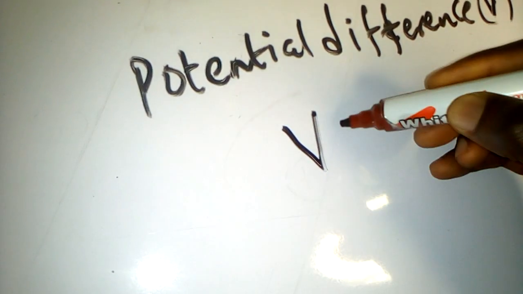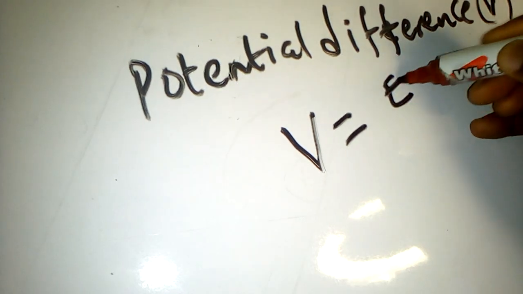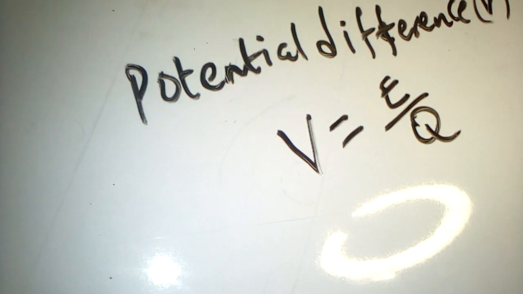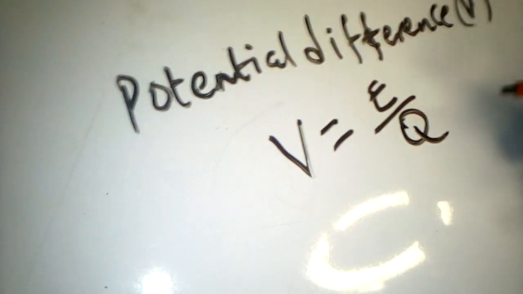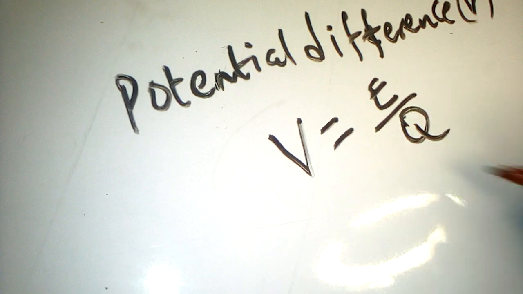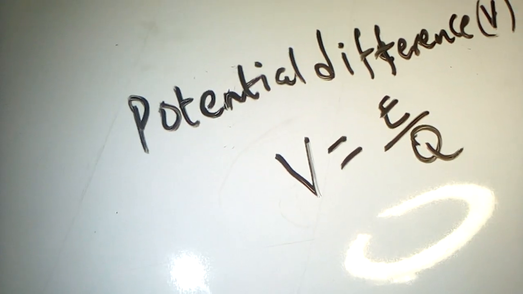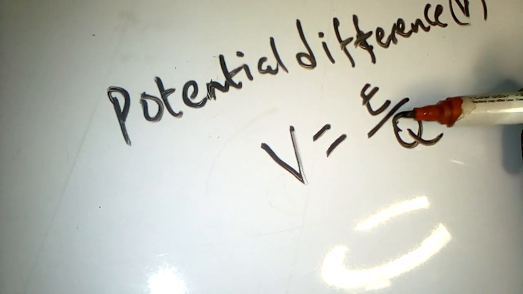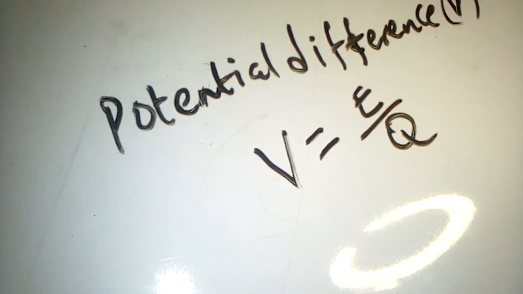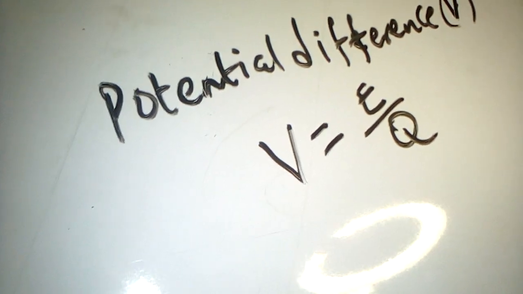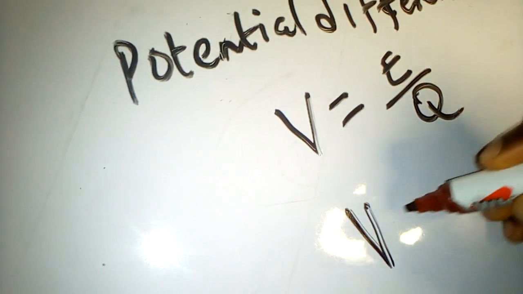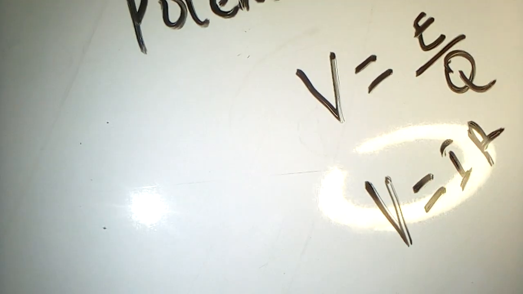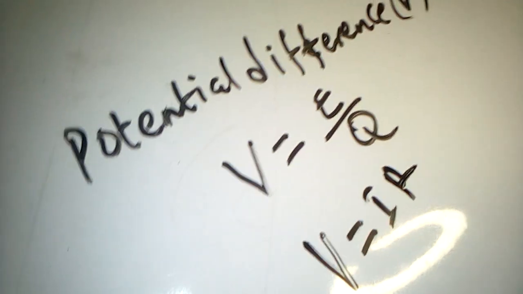So potential difference is equal to the energy supplied per unit charge in an electric field or in a circuit. According to Ohm's law we discussed in the other class, we have V equals IR. These are the formulas to calculate potential difference.